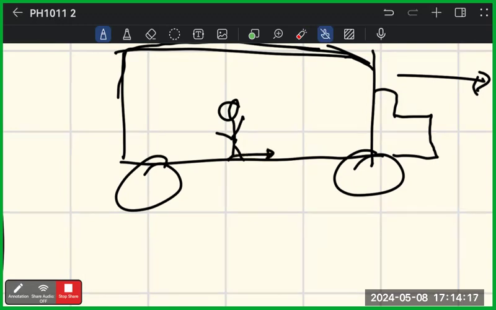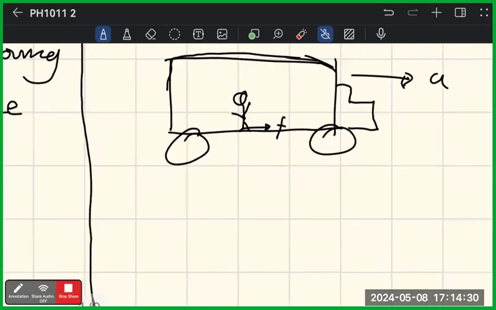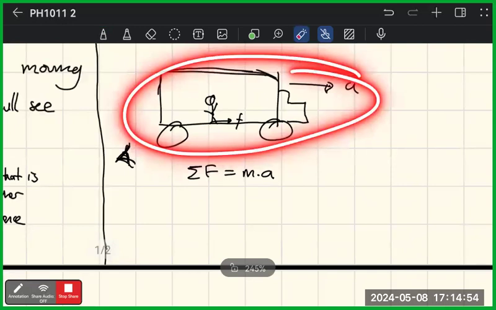It's just like a friction force. If you're standing, there will be a friction force. But if you're sitting, there will be a normal force from your seat. But let's just imagine that you're standing because it's easier to understand. So from Newton's second law, if you are an observer outside this reference, outside this truck, even if the observer cannot see you but can imagine that you are there, the observer will say that the sum of the forces equals the mass times the acceleration of this truck, right?